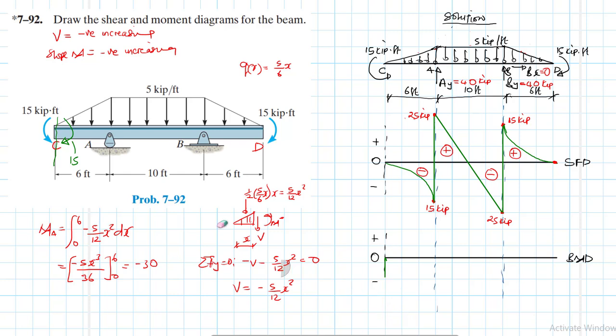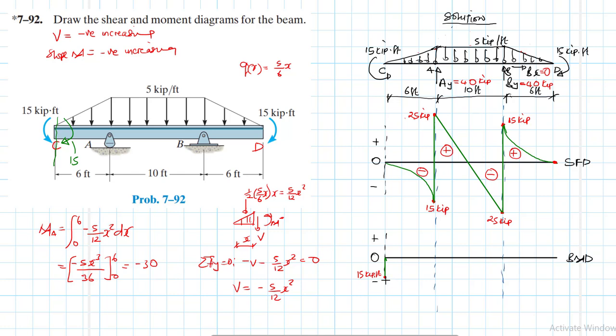So let's say it is somewhere there. So this is our 15. I mean, this is our, yes, 15 kips. This is our 15 kip feet.